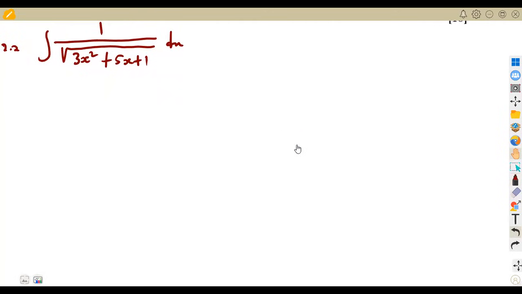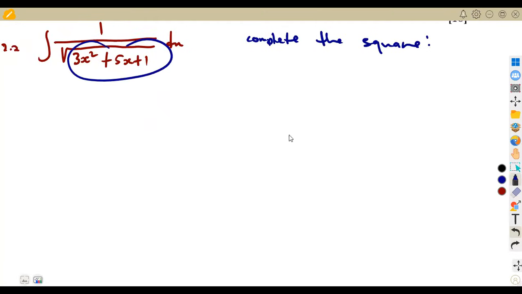And we've got different ways of completing the square. So we are going to take the quadratic expression that we are given here, which is 3x squared plus 5x plus 1. How do we complete the square?